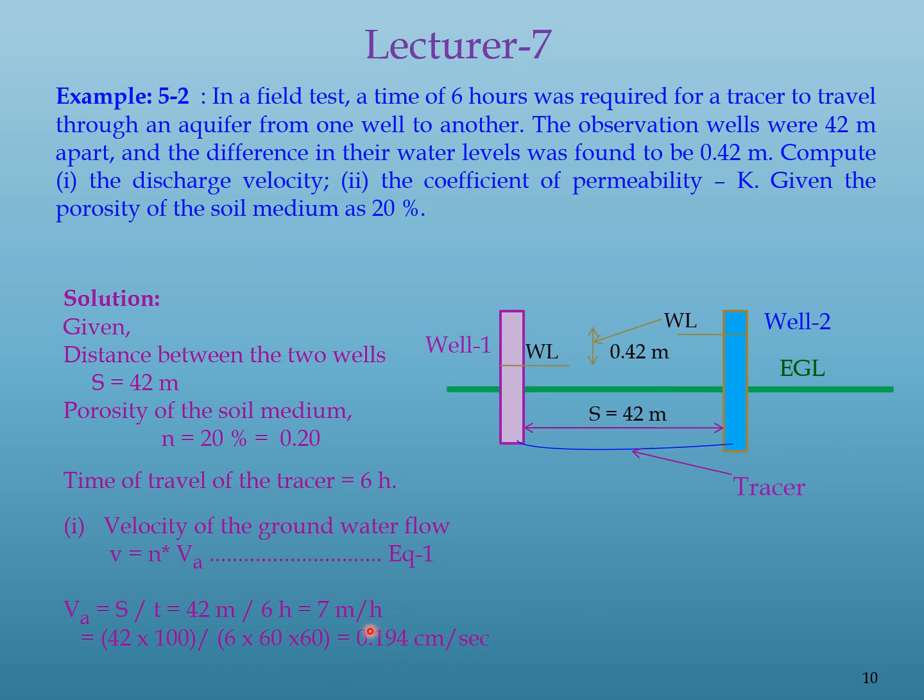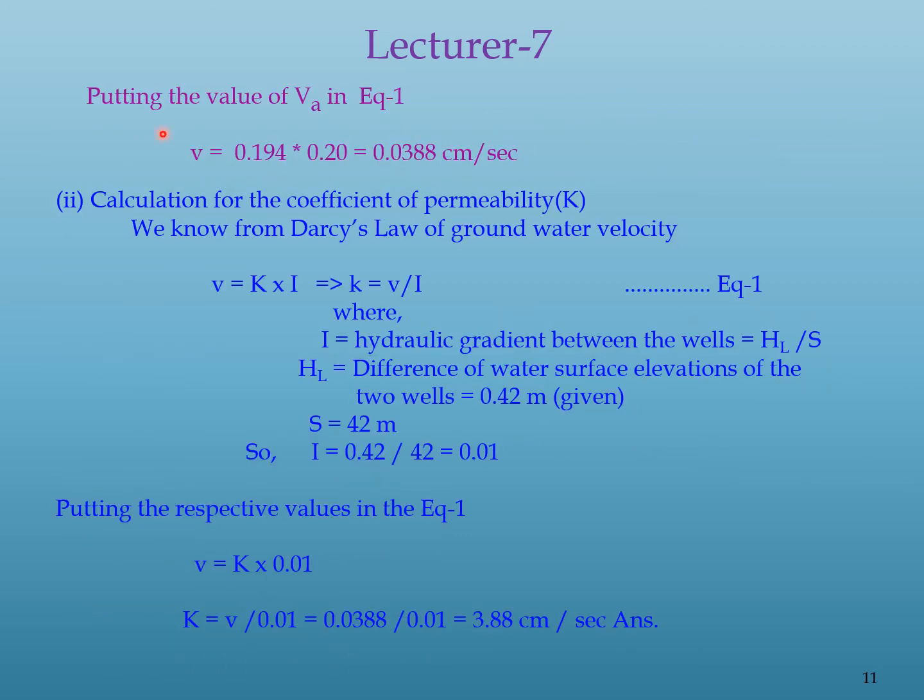If we convert 7 meter per hour into centimeter per second, we will get this value, and the conversion process is here. Now if we replace all these values in equation 1, we can calculate discharge velocity v equal to 0.0388 centimeter per second.